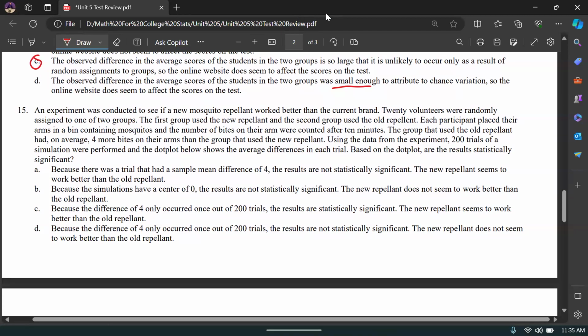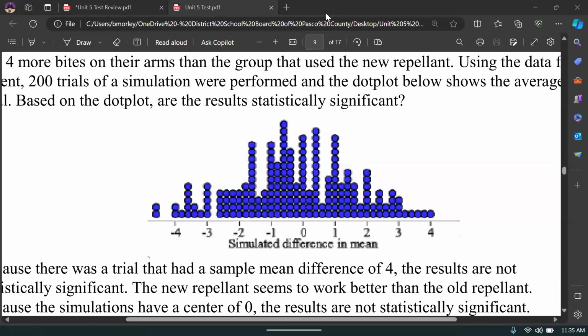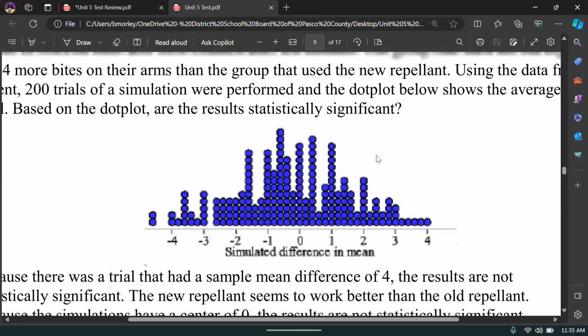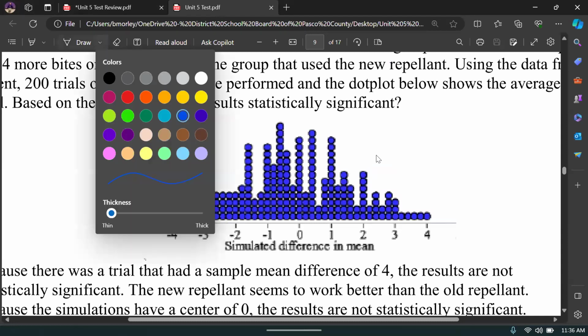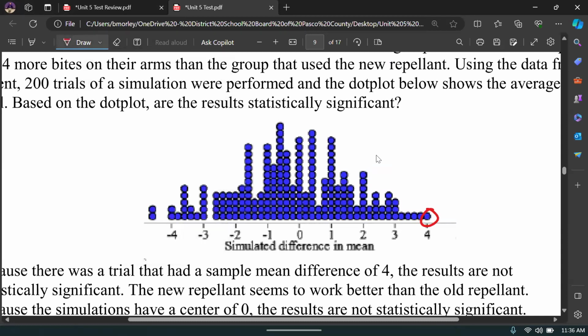So let me pull it up 1 second. All right, so here is the dot plot that I forgot to include on this. So again, remember the difference was 4, right? So as you can see in the simulations, there are 200 dots here for 200 simulations, and only one of the simulations had a result of 4, 1 out of 200.